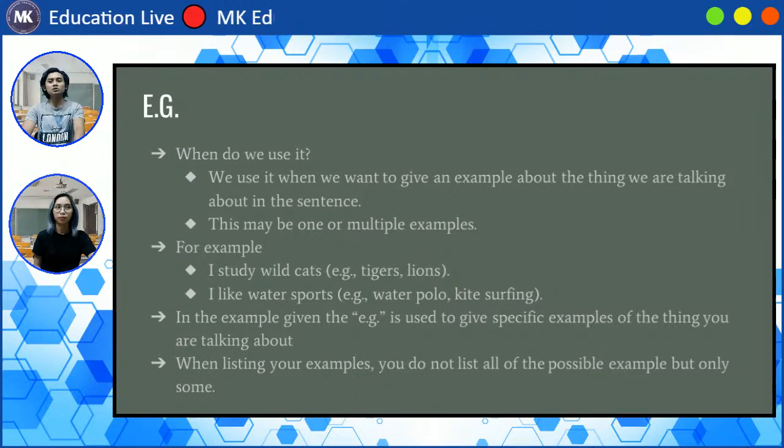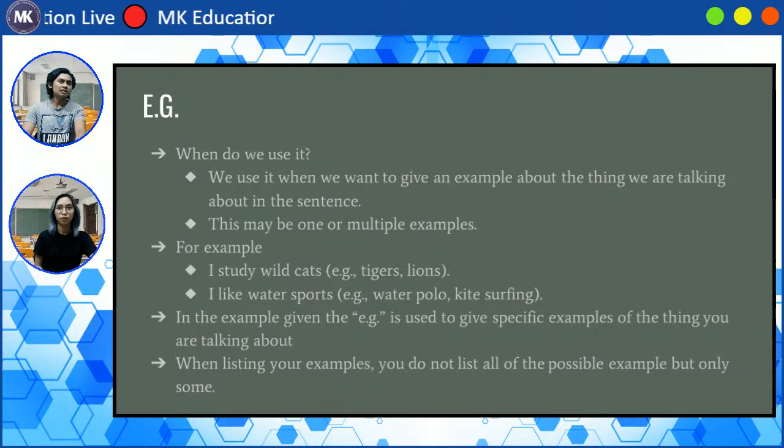But since we're using e.g., we only want to put in a few examples. And the next example: I like water sports, e.g., water polo or kite surfing. So again, we don't want to list all the possible answers or examples, but only some of them to give your listener an idea of what you are talking about.